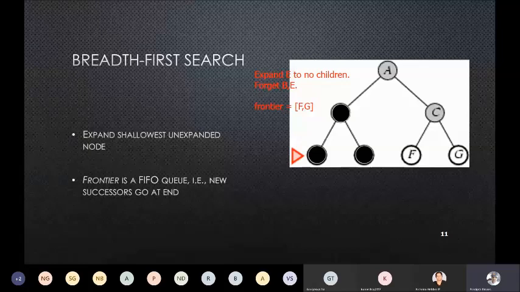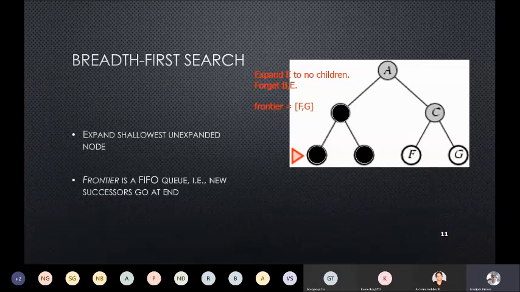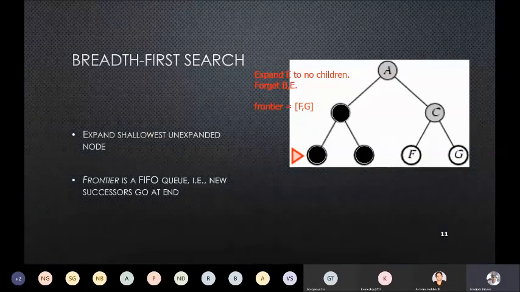Then I repeat the procedure: whatever node I visited second, just after the start node, I visit all its children, and I keep on doing this process.